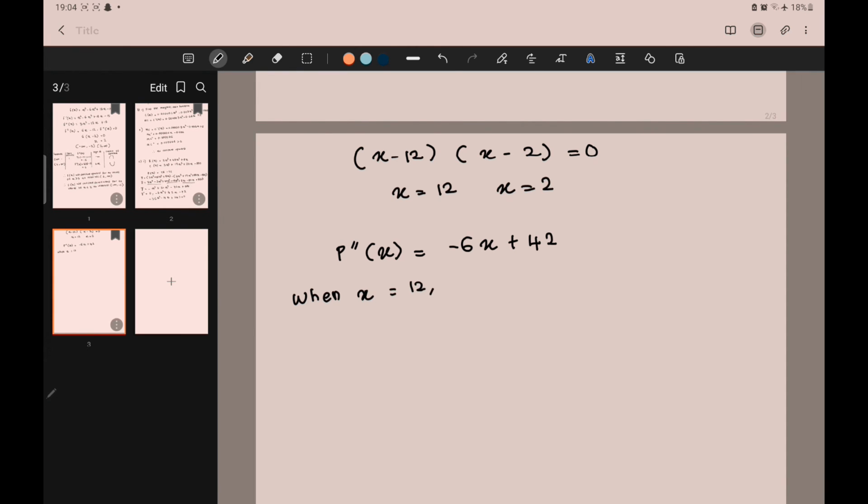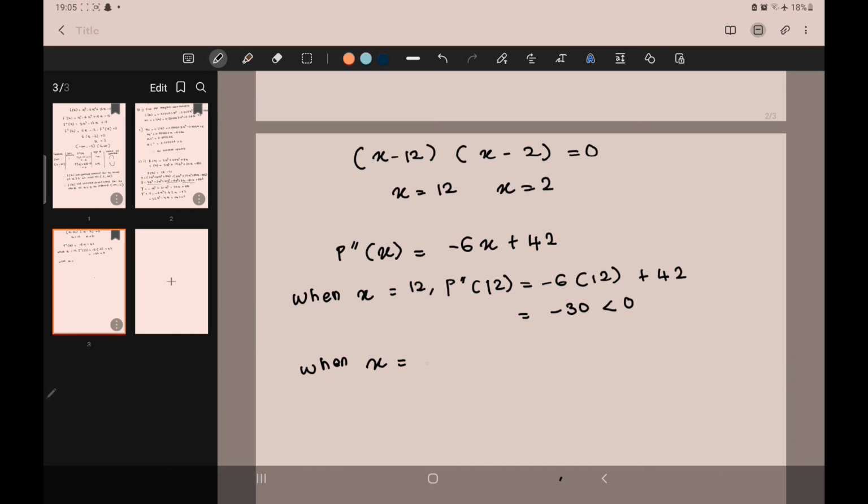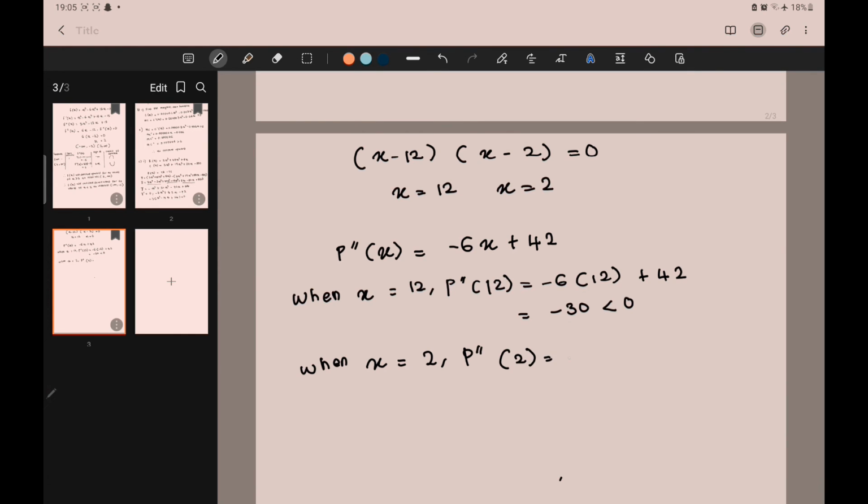When x equal to 12, we get negative 30, which is less than 0. And when x equal to 2, we get 30, which is greater than 0.